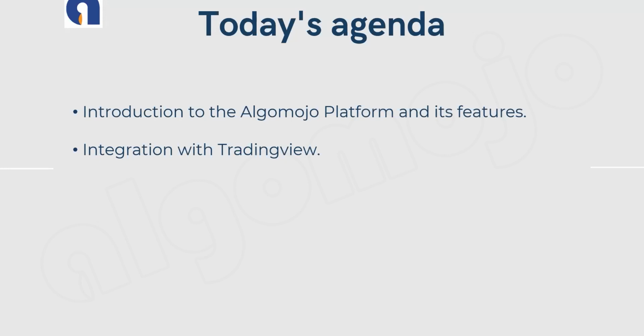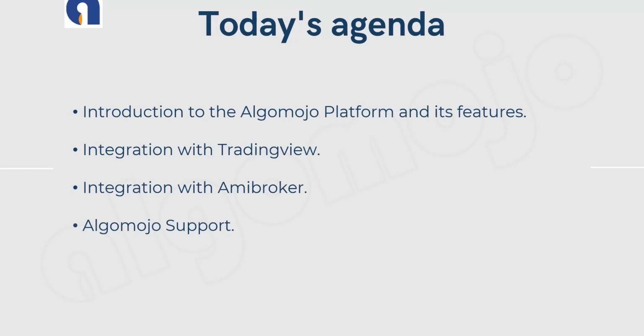Then we'll look at how to do an integration with the TradingView charting platform, and we could look at Amibroker also, in case anybody is using Amibroker and would like to see how to automate the strategies that you run in Amibroker. We will have a small brief on Algomojo support, and finally, we'll have a Q&A session.